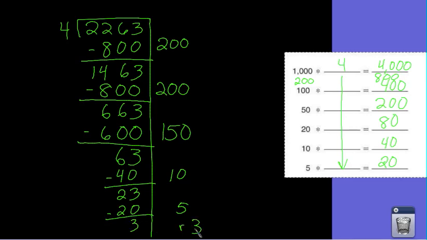Then I add up my partial quotients: 200, 400, 550, 560, 565. Remainder 3. 565, remainder 3.